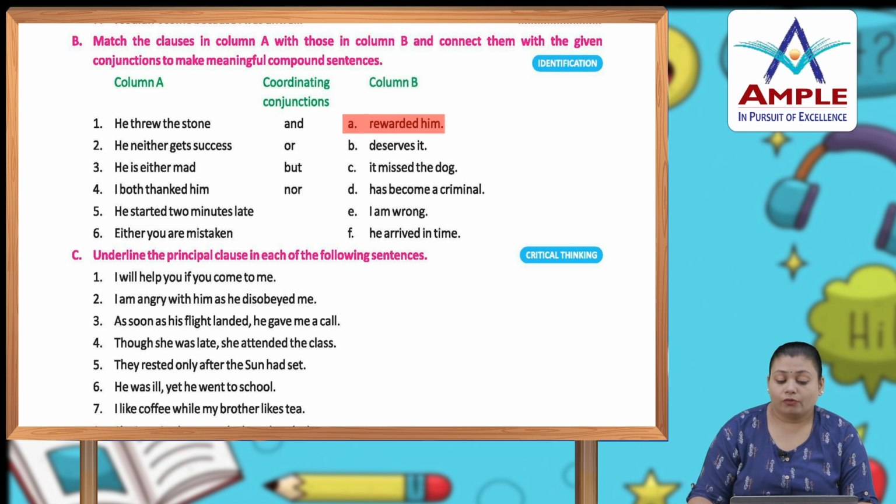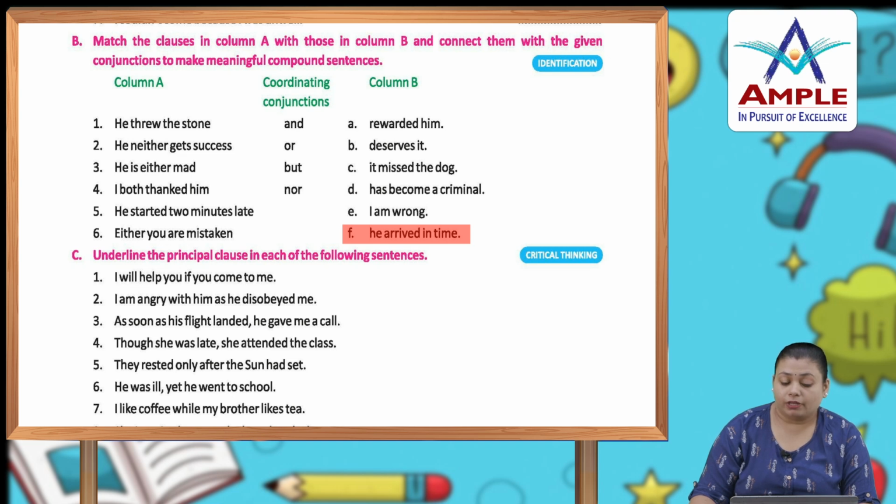Column B: reward him, deserve it, it missed the dog, has become a criminal, I am wrong, he arrived in time. So he threw the stone, but we connected with the conjunction "but": it missed the dog. This is how you will connect all of these. Connect column A with column B with coordinating conjunctions and make meaningful sentences.